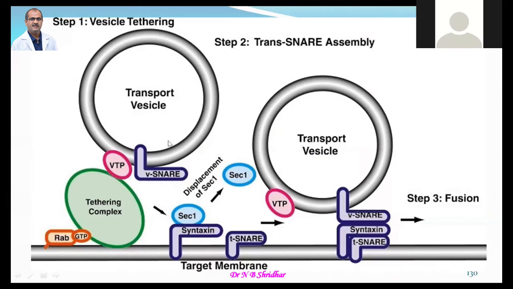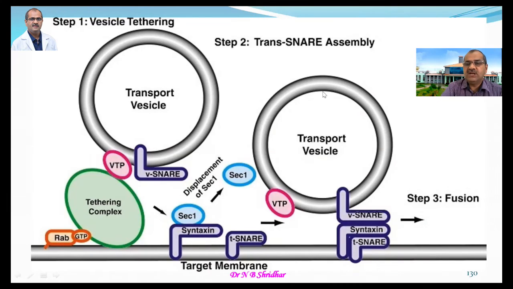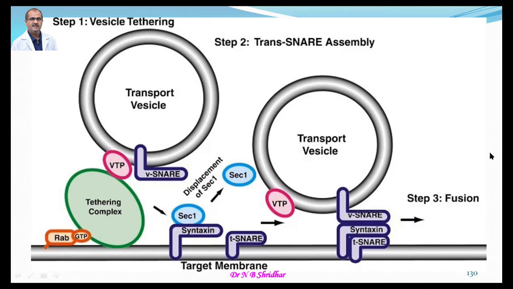Here what happens usually is that the transport vehicle is going to have a union with the tethering complex, which contains RAB protein associated with GTP, whereas syntaxin and t-SNARE are two other proteins.